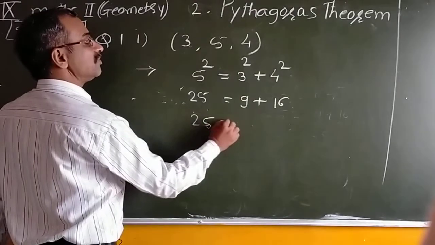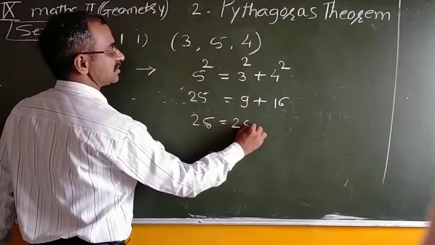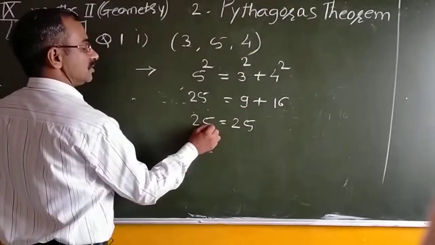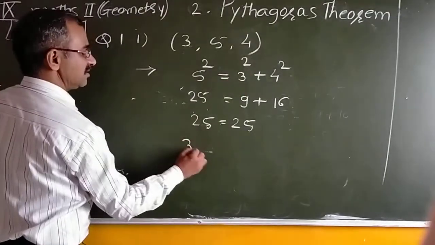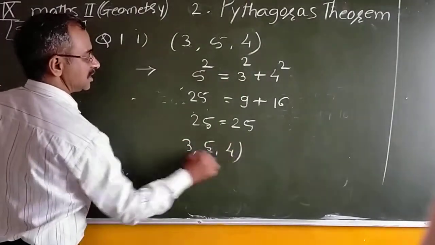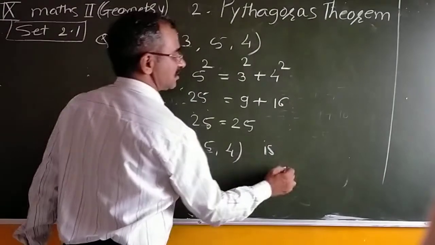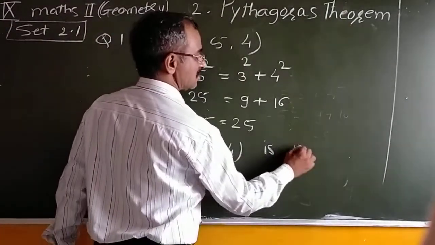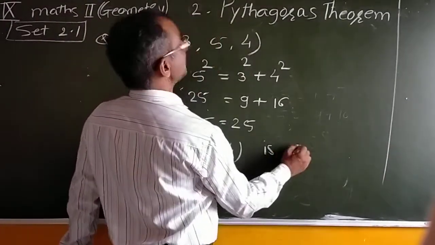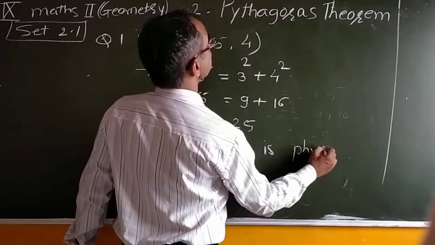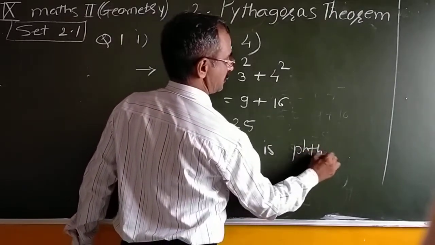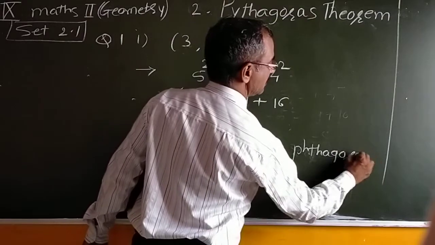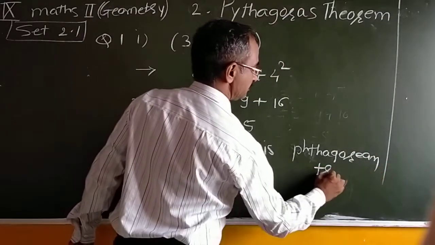The addition of 9 and 16 is 25. So these three numbers 3, 5 and 4 are a Pythagorean triplet.